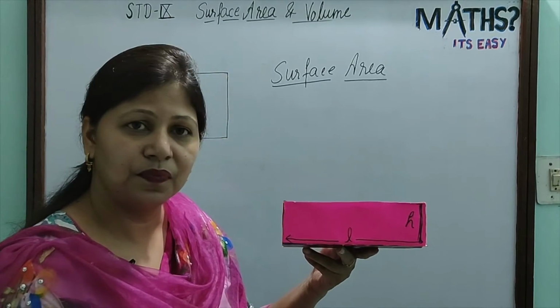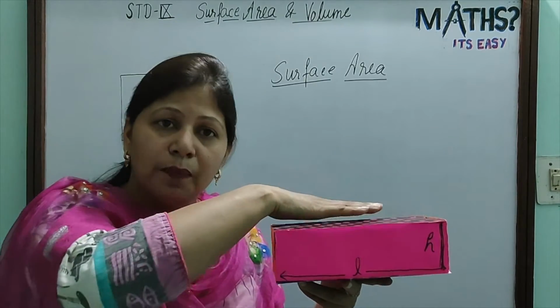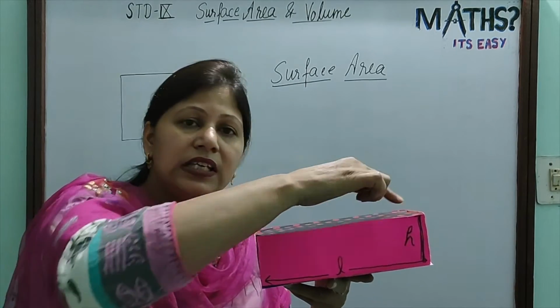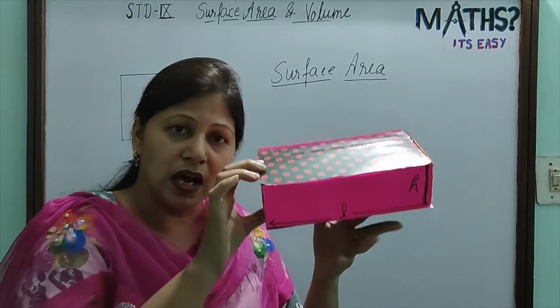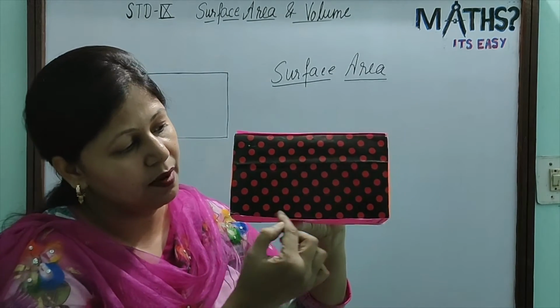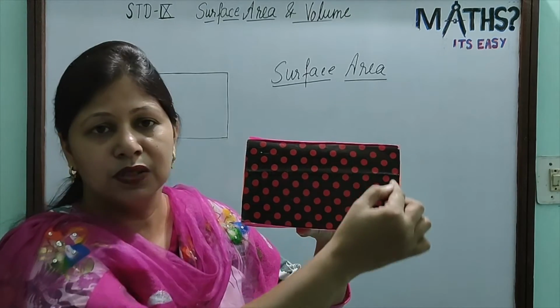Is clear? And if we talk about upper surface, surface area means we want to find out the area of this upper surface. In this upper surface, only 2 dimensions are here. We have described this one is length and this one is breadth.